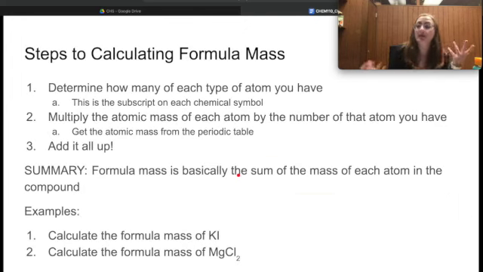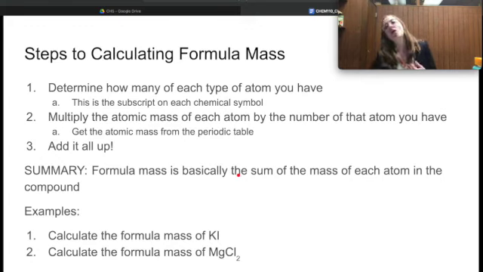So, what are the steps to calculating it in just a more straightforward, plain manner? The first thing that you do is you determine how many of each type of atom you have. So, you're just going to look for the chemical symbol and the subscript on that chemical symbol, okay? From there, for each individual element you have, you're going to take that number of atoms you have and multiply by the atomic mass that you see on the periodic table.